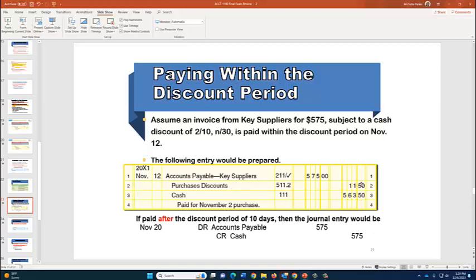The purchase discount is $11.50, and then we're going to offset accounts payable with the full amount, because when we recorded the purchase, we credited accounts payable at $575, so we need to debit accounts payable for the full amount of $575. Now, if the bill is not paid within the 10-day discount period, we're just going to make a payment on account where we credit cash and debit accounts payable. There would be no purchase discount.